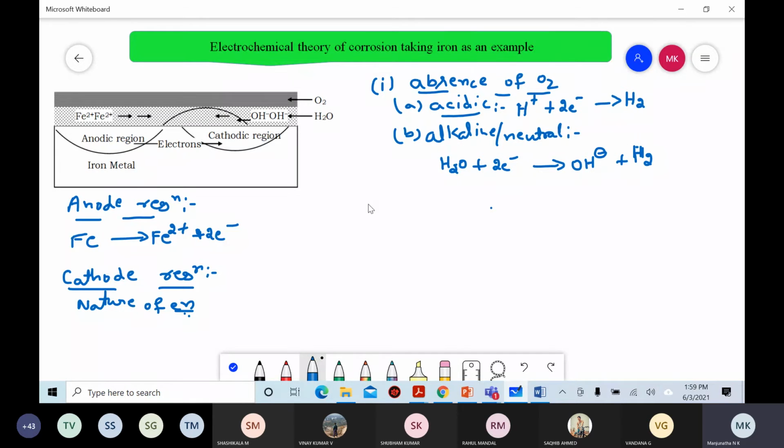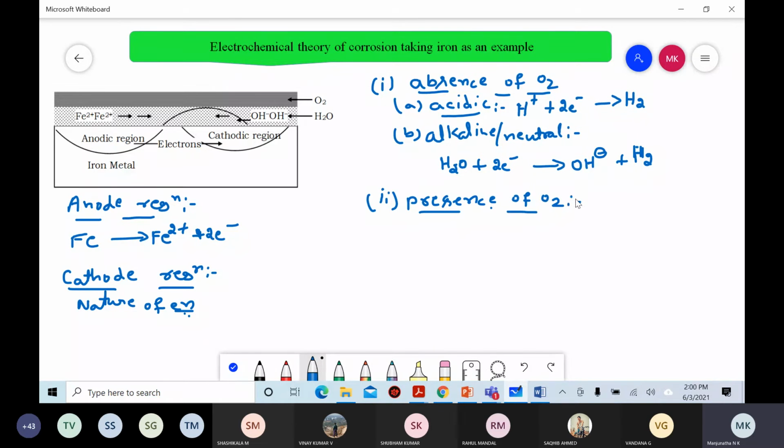Coming to the second type of environment, that is the presence of oxygen. It means that in the surrounding environment, both oxygen and moisture are present.